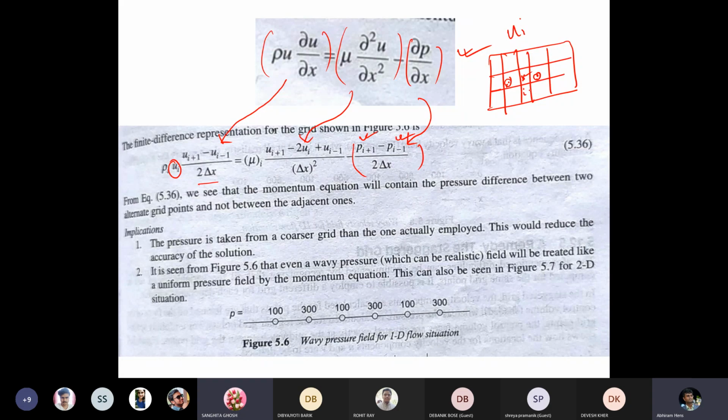This creates a problem. The implication is that the pressure is taken from a coarser grid than the one actually employed. This would reduce the accuracy of the solution. So this is the first problem.